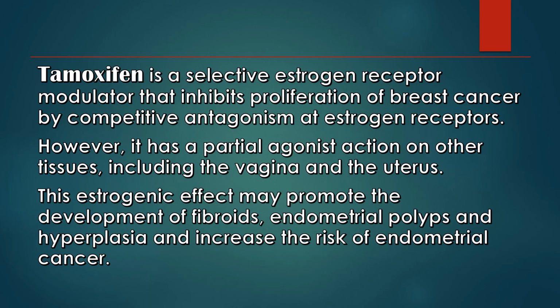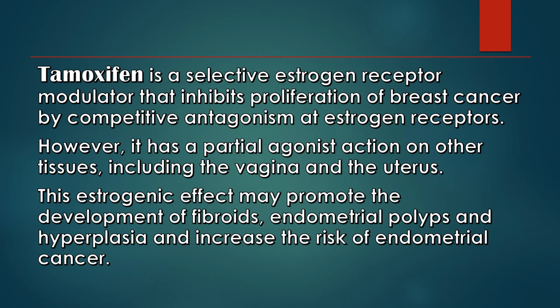Tamoxifen is a selective estrogen receptor modulator that inhibits proliferation of breast cancer by competitive antagonism at estrogen receptors. However, it has a partial agonist action on other tissues, including the vagina and the uterus.